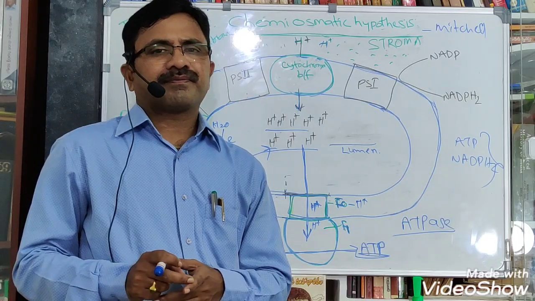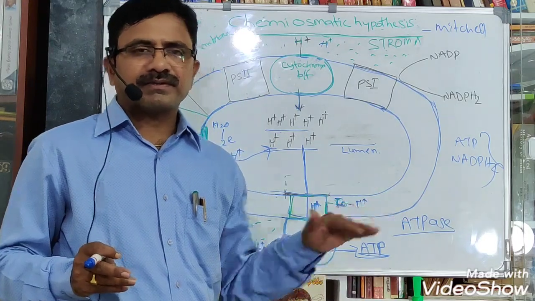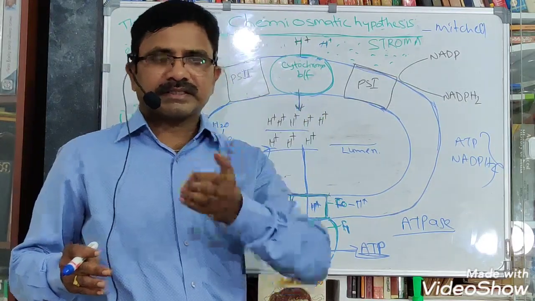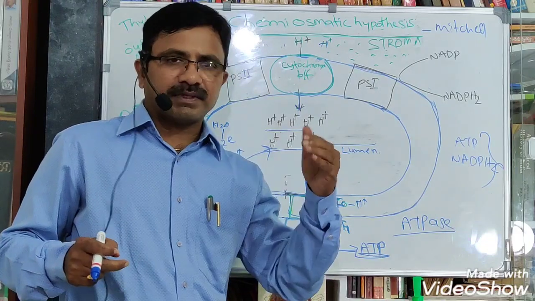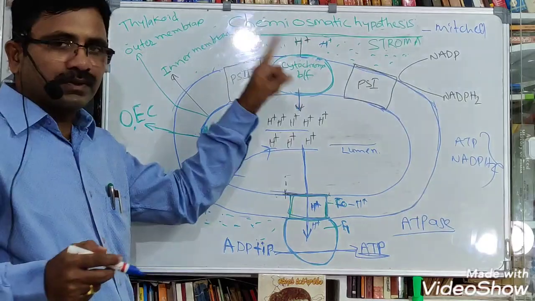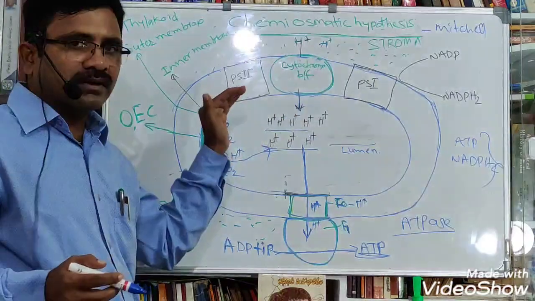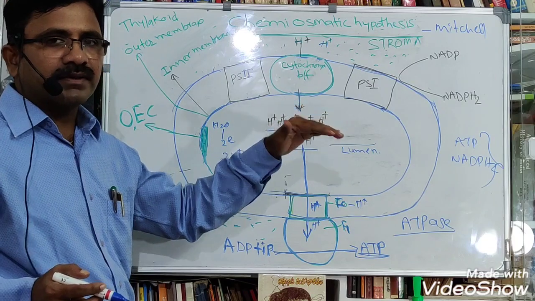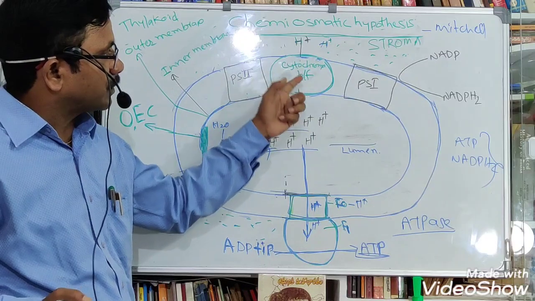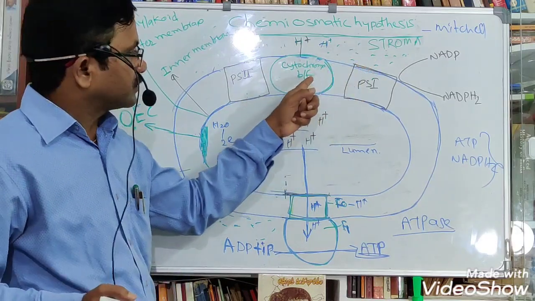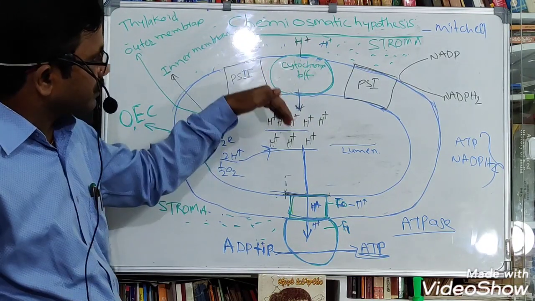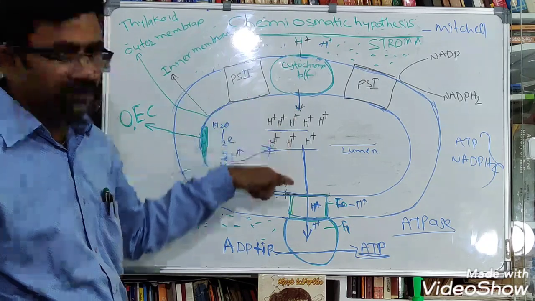Already we learned that in the light phase, photosystems are involved; they harvest light energy, get excited, and expel electrons. The electrons move among photosystems. While electron transport takes place, the cytochrome pump receives protons from stroma. The same cytochrome B6F complex pumps the received protons to the lumen.